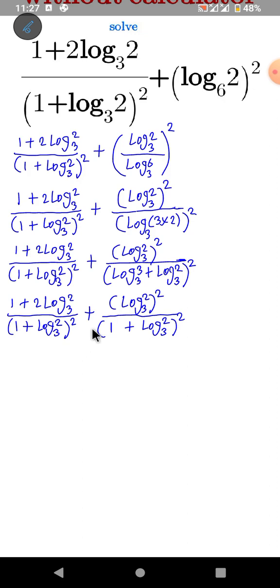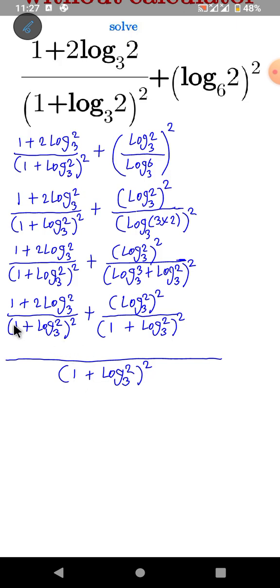Then we'll continue again. Now, since the denominator here is the same, I'm going to rule a straight line. So now I'll pick one of the numerators here. Since they are the same, just put it down here. That's 1 plus log 2 base 3 square.